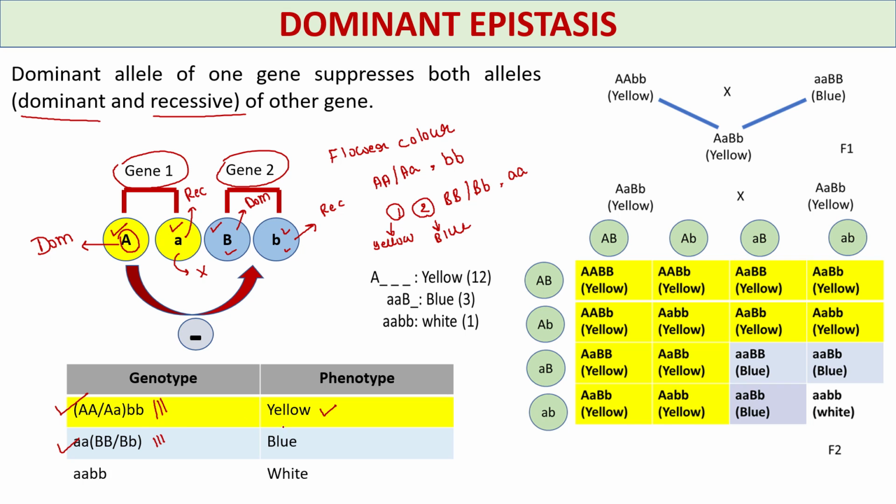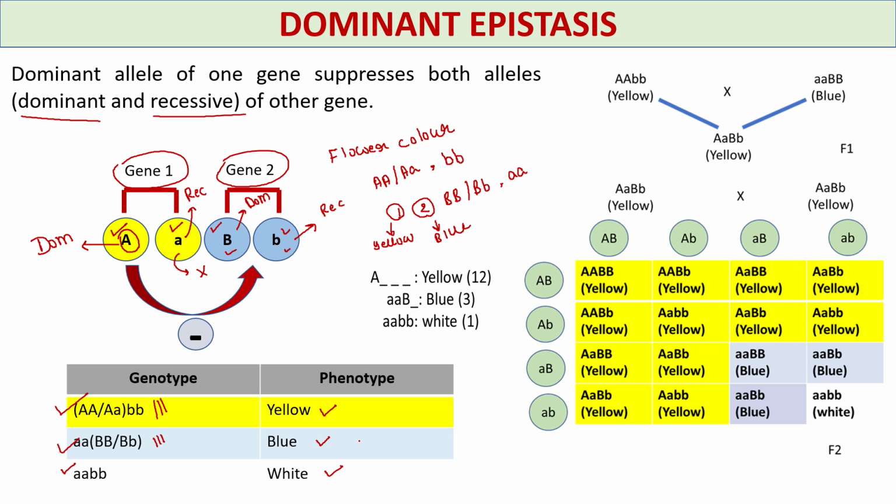The flower will get blue color. If both genes are not expressed, that means small a small a, small b small b, the flower will be white color.